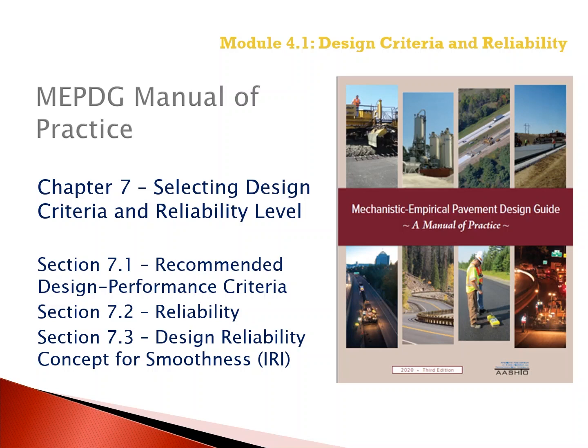Section 7.2 focuses on reliability, and Section 7.3 focuses on design reliability for smoothness, at least the concept for smoothness, as well as the distress criteria. In Module 3 we presented Sections 7.2 and 7.3, and now we'll look at Section 7.1 on the recommended design and performance criteria.